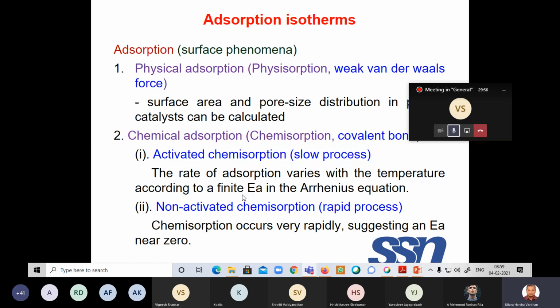Whereas here, as the temperature increases, it has to reach a certain temperature, and only then does the reaction start activating, because it has to attain that activation energy. Then only will the reaction take place. Therefore, activated chemisorption is a slow process. Non-activated chemisorption is a rapid process, where generally the activation energy will be zero.